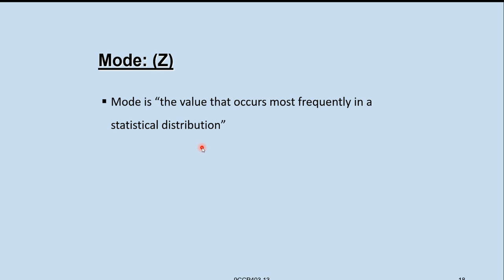For example, in a given series, if number 10 is repeating and it repeats for more number of times than any other number, then the mode is considered as 10, even if the value of 10 is lower or higher in the distribution. That is the logic.